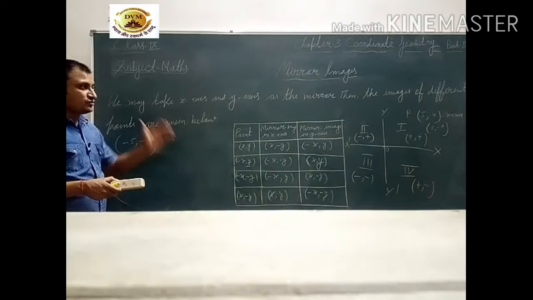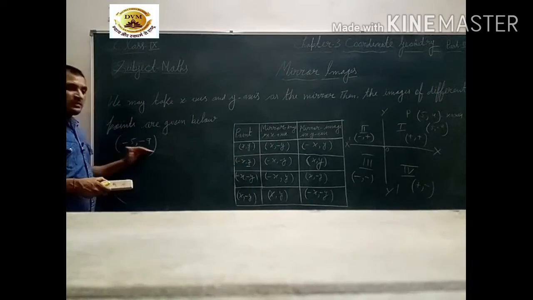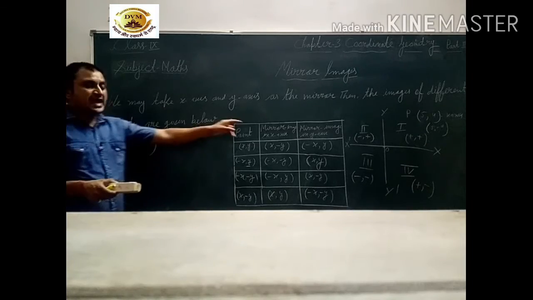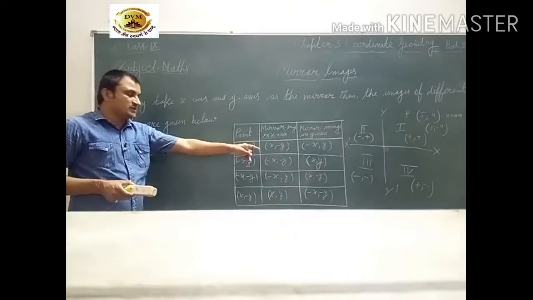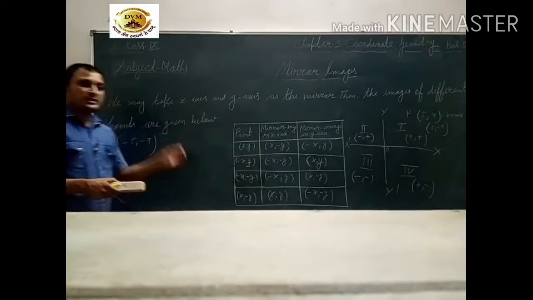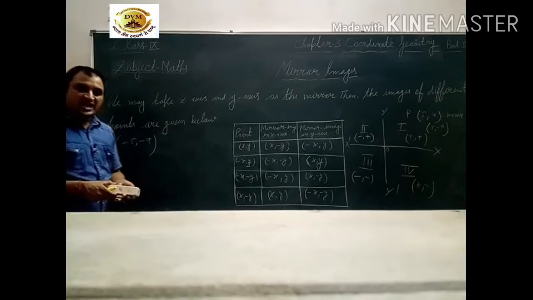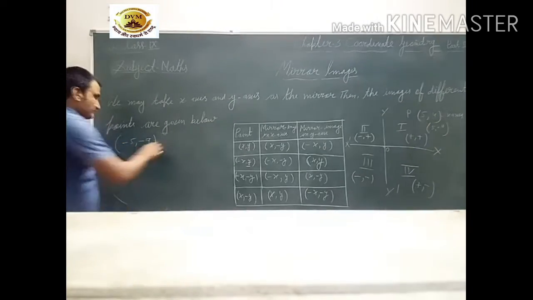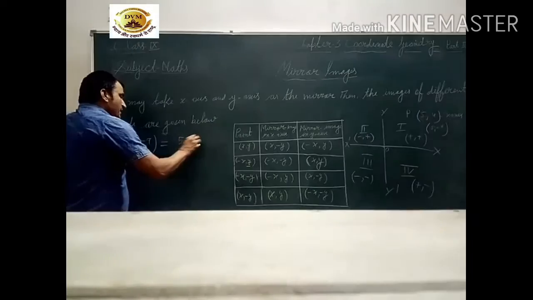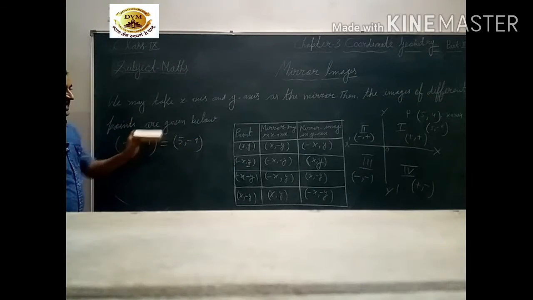We have to see its mirror image in x axis. We change the sign of the y coordinate, so 5 comma minus 9 is the mirror image of this point in x axis.